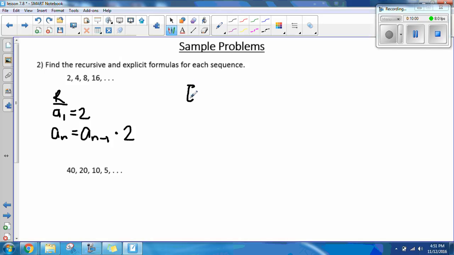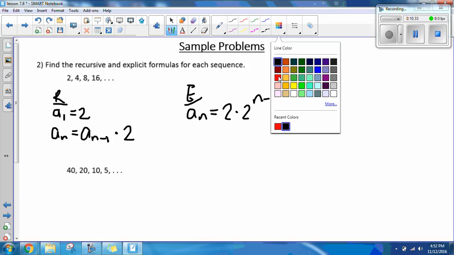For explicit, we're saying that the nth term is equal to the initial value, which in this case is 2, times the common ratio to the n minus 1 power. And what's nice about this one, 2 here is the same base as this one, and this is 2 to the first power, which means I can actually add the exponents.